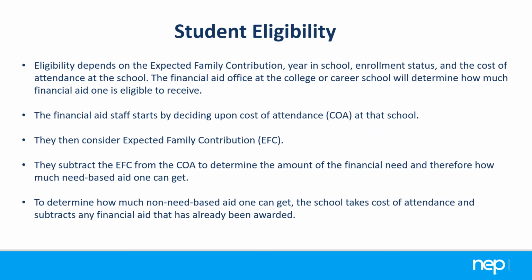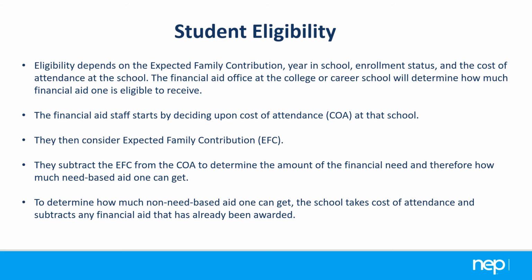Student eligibility. Eligibility depends on the expected family contribution, year in school, enrollment status, and the cost of attendance at the school. The financial aid office at the college or career school will determine how much financial aid one is eligible to receive. The financial aid staff starts by deciding upon cost of attendance at that school.